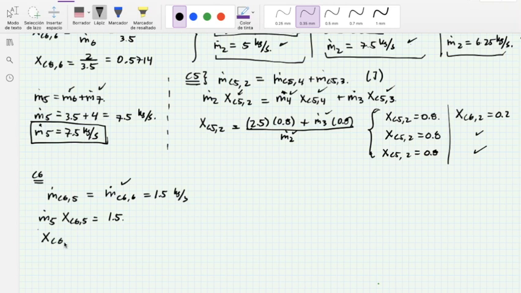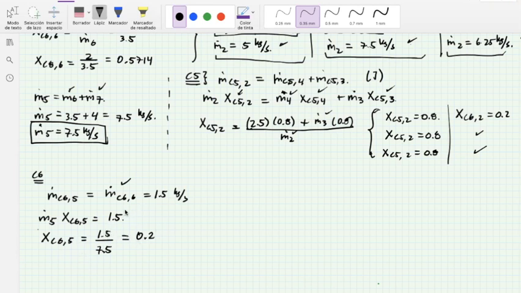Therefore, XC65 is going to be equal to 1.5 divided by M5, which is 7.5. That's the total mass flow at 5. Therefore, this number is going to be 0.2. So 0.2 is the mass fraction of C6 at 5, okay?